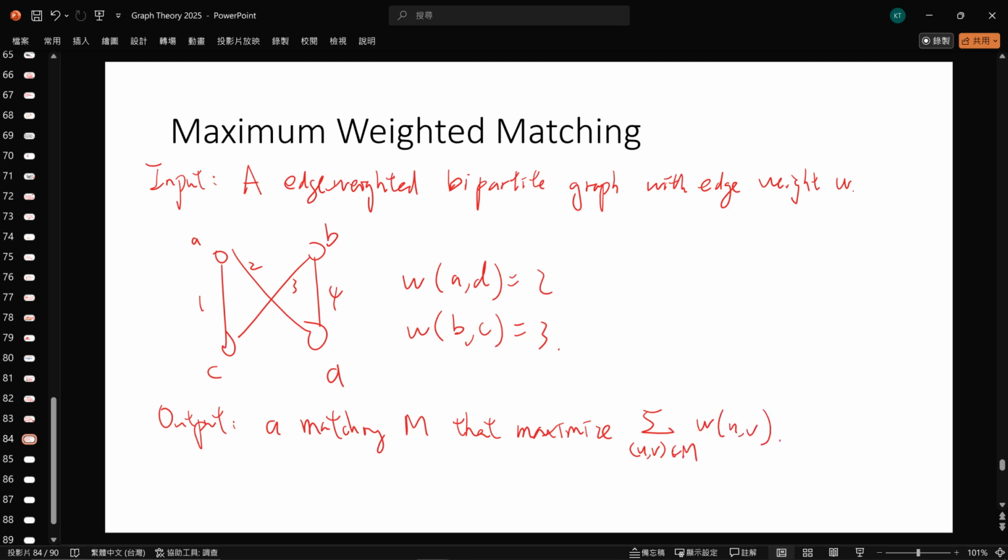So if all the edge weights are just 1, then it degenerates into the maximum matching problem we studied before. Here we mainly focus on the case where edge weights are different.